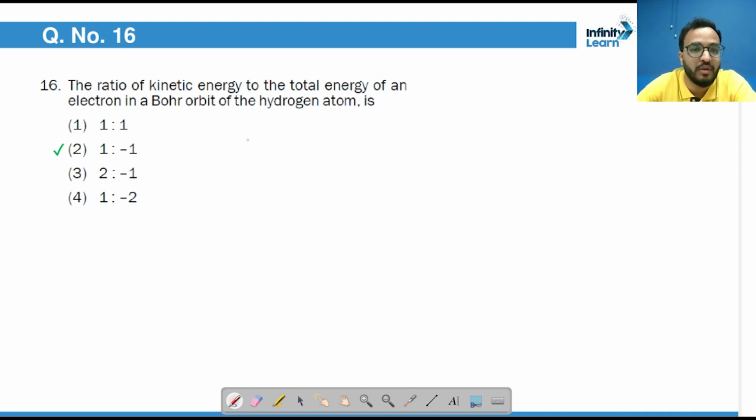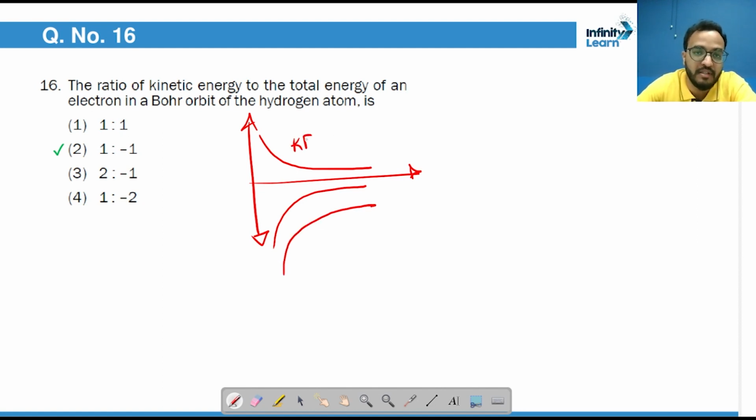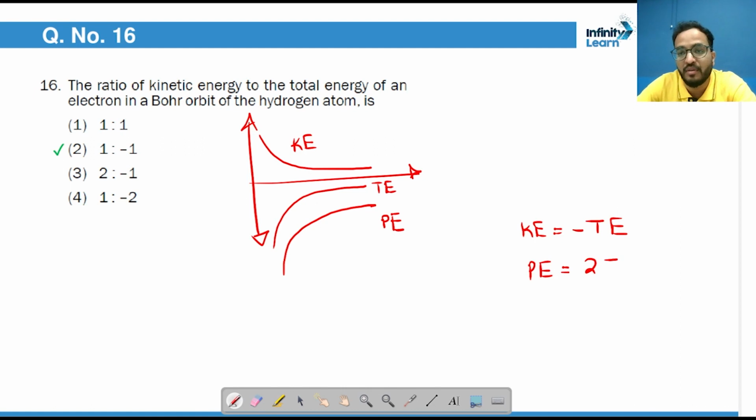The ratio of the... we all know that in the hydrogen atomic model, the kinetic energy is this, the total energy is this, the potential energy is this. Now there's a relationship. Kinetic energy is minus of total energy, and potential energy is 2 times of total energy, right?